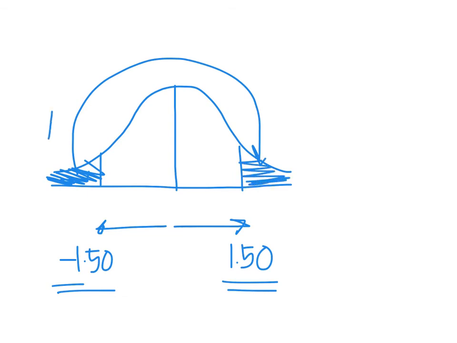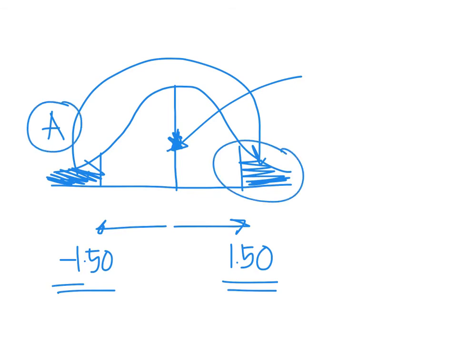So let's call this area A. So to find the area in between the two shaded regions, then just multiply this by 2 to include the second area, and that is 2A. So this is A, this is also A.